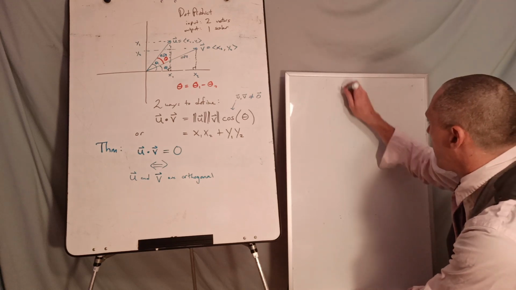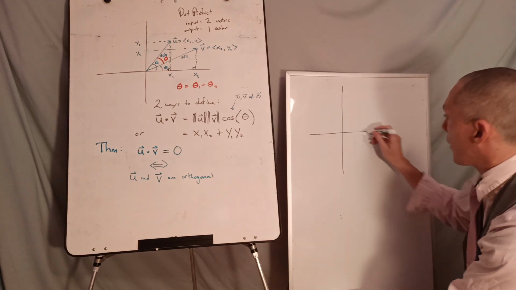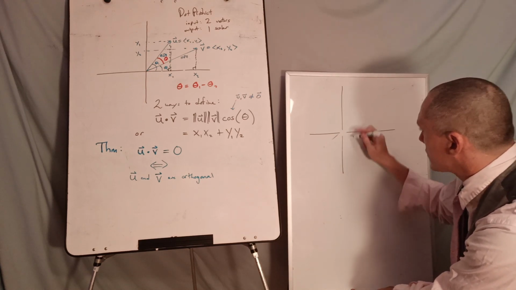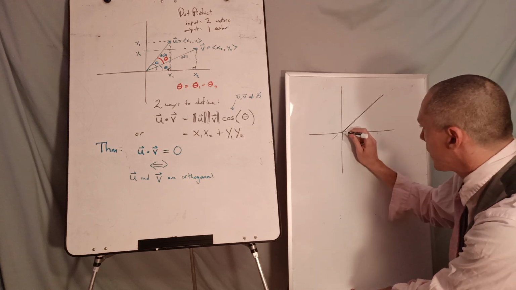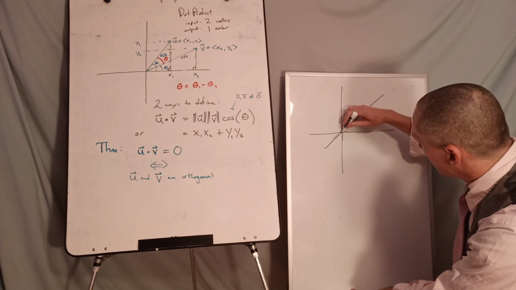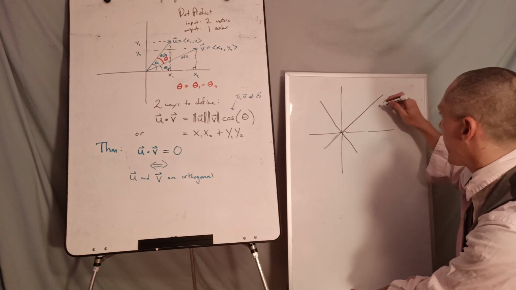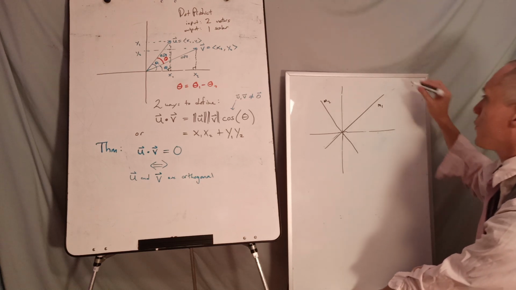When you have two lines that are perpendicular to one another, and I'll draw them right now as lines through the origin for simplicity, and let's say this had a slope m1 and this had a slope m2.